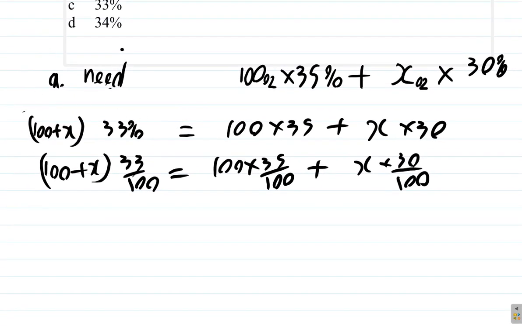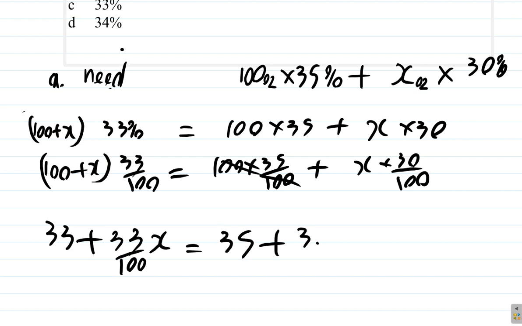So here now, 33 out of 100 times 100 is going to be 33 plus 33 out of 100 of X equals 35 out of 100 by 100 gives you 35 plus 30 out of 100 of X.